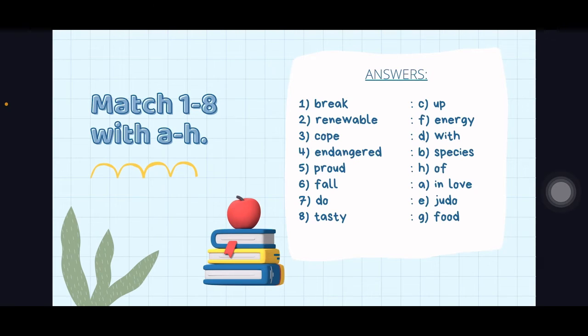For number 6, you need to match with A, which is in love, fall in love. For number 7, you need to match with E, which is judo. And then the last one, you need to match with G, because the answer is tasty food. So these are the answers for activity A.